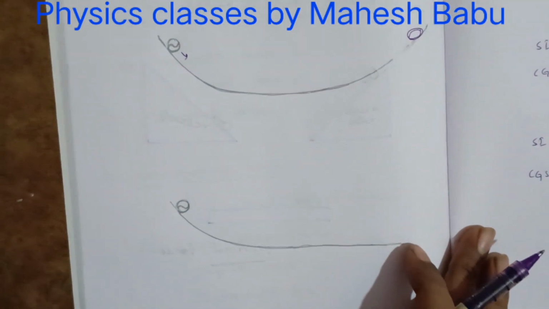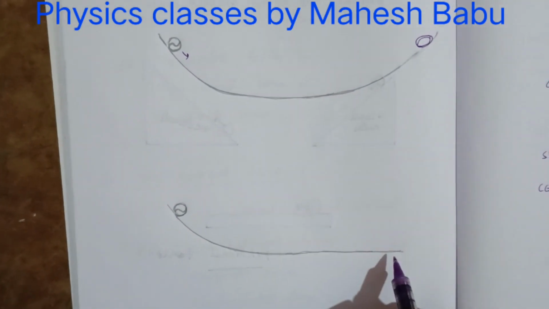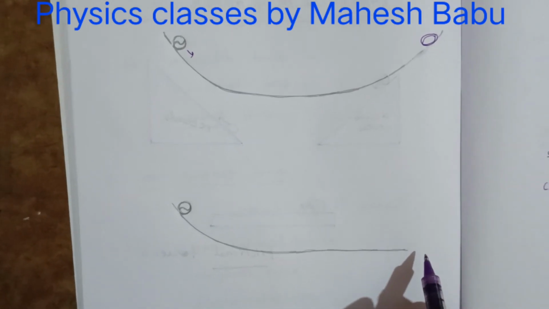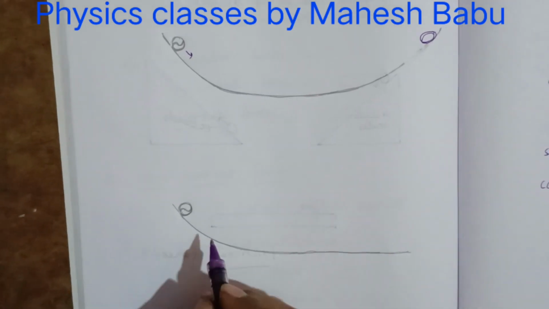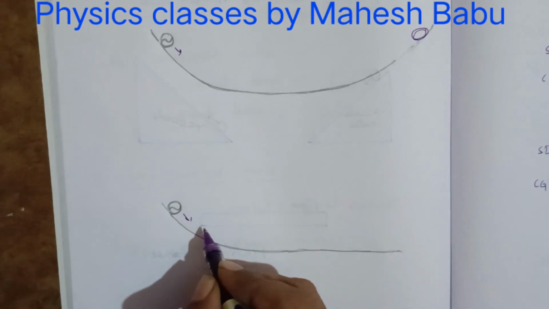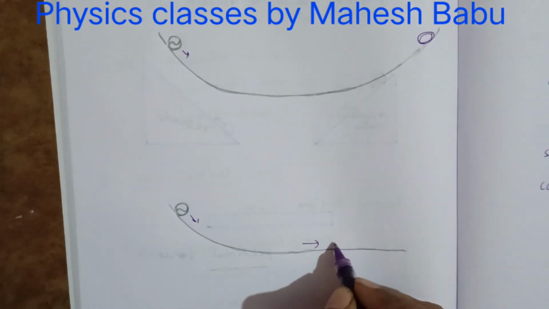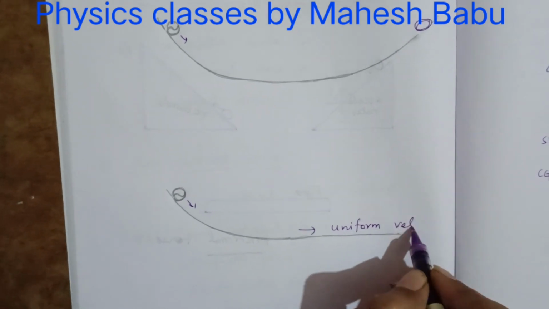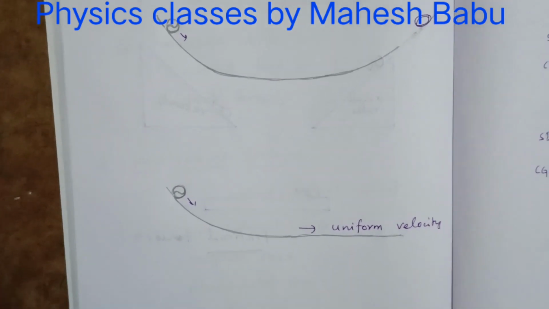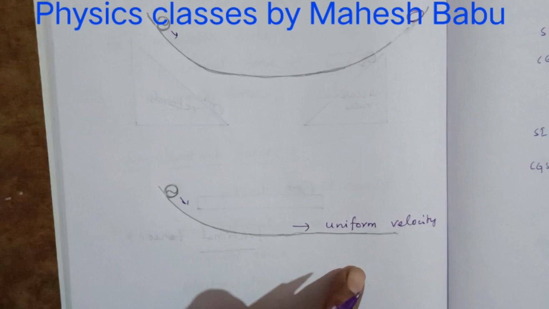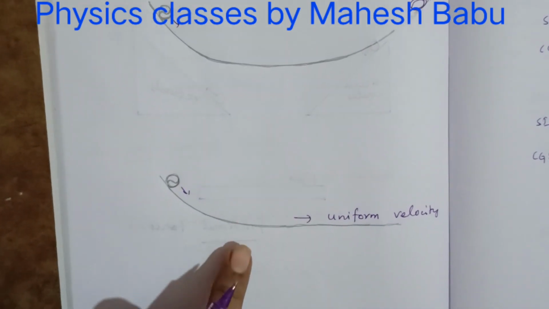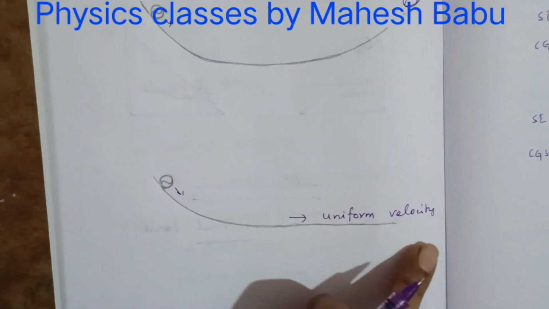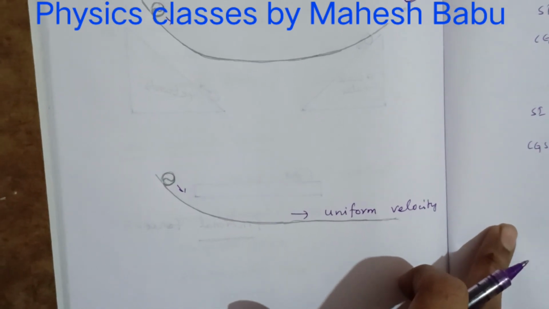Now next, the third one he has taken has no slope. When he leaves the ball here, it comes down and travels with a uniform velocity. Actually, in real-life conditions, after traveling some more distance, it gets stopped.